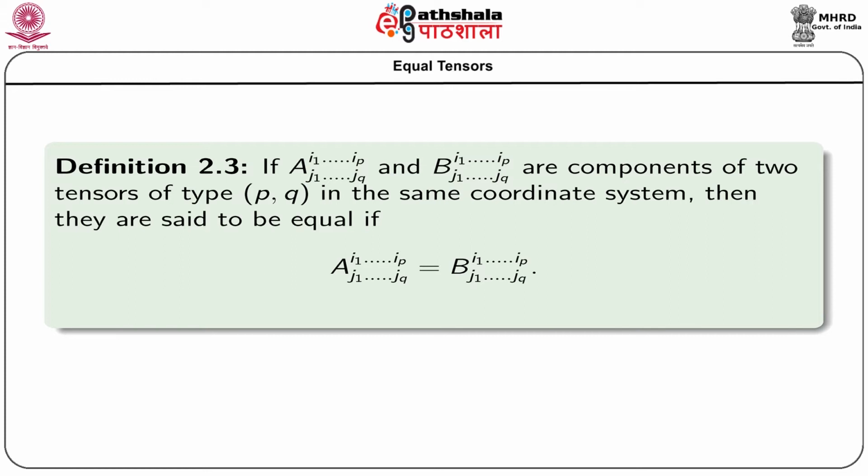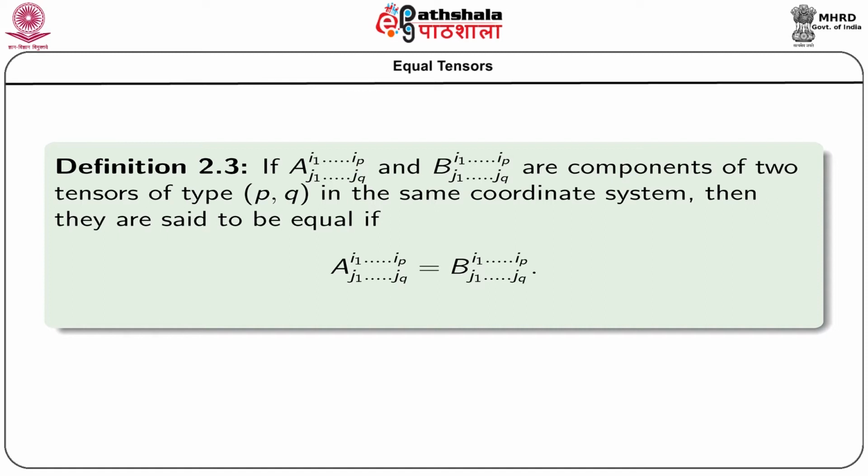Now, equal tensors. If A I1, I2, IP and J1, J2, JQ and B I1, I2, IP and J1, J2, JQ are components of two tensors of type PQ in the same coordinate system, then they are said to be equal if they are component wise equal.